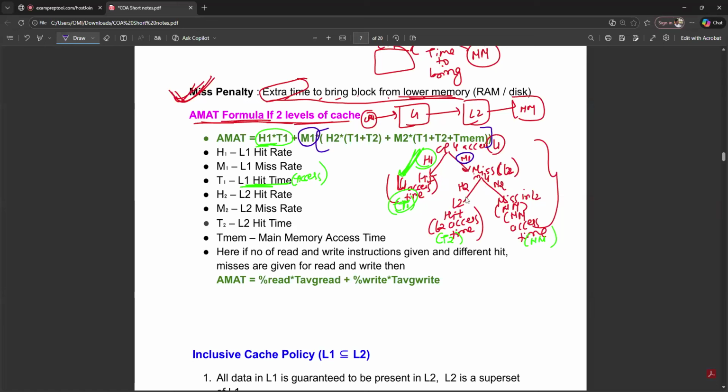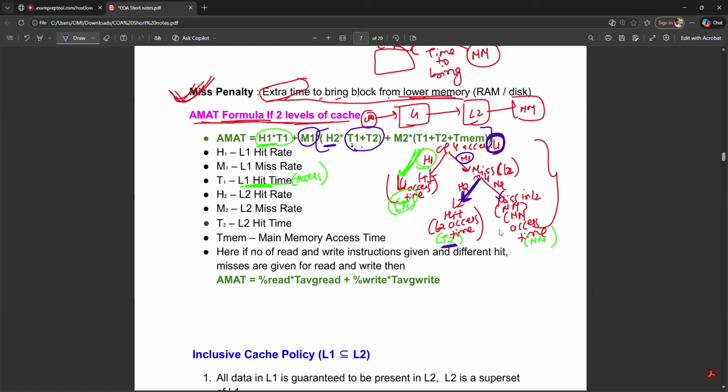M1 into, now two paths are there. Let me go into this path. If we go to this path, then hit rate H2 into T1 plus T2. T2 for accessing L2, but we have also accessed L1 once, so the L1 access time as well.